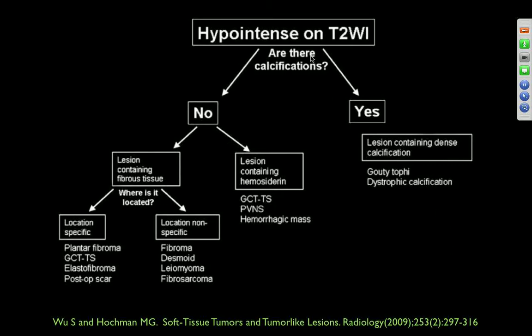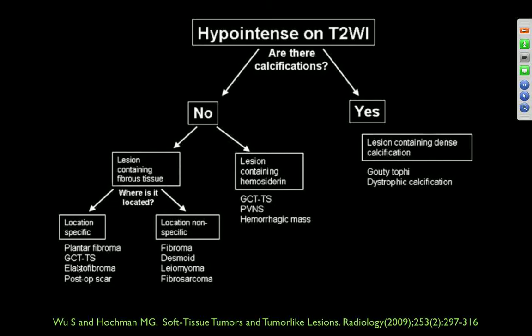Now, if you're hypointense on T2 weighted images, you need to check to see if there's calcifications. If there are, you're really talking about a calcified mass, which limits the diagnosis. If there are no calcifications, then you're talking about a lesion that's either a fibrous lesion or hemosiderin lesions, and then location can be helpful.